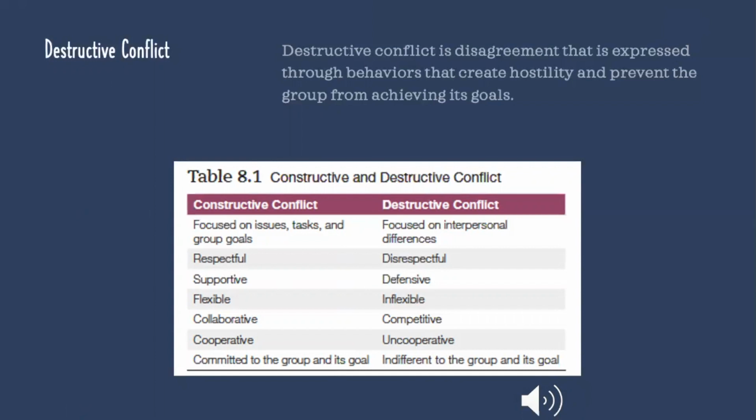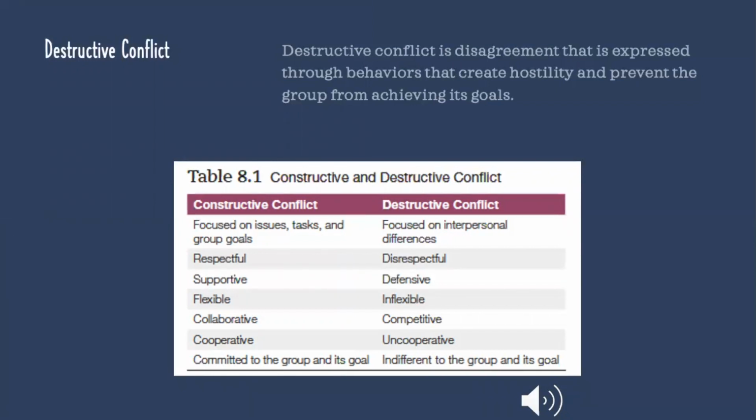Whereas in the destructive category, it tends to focus on interpersonal differences and having lack of respect, maybe being disrespectful, defensiveness, being inflexible, over competitive, uncooperative, and in general, just indifferent to the group and its goals.